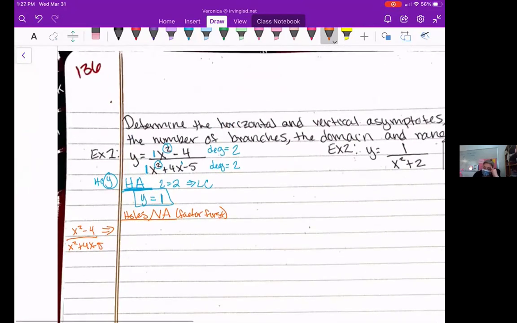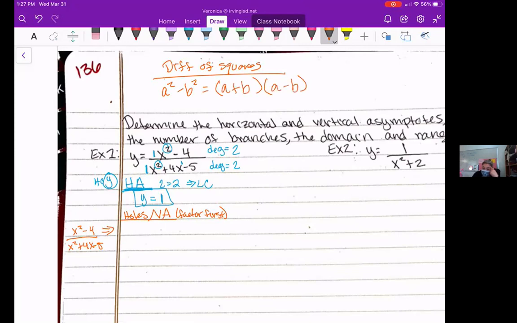And in case you forgot what difference of squares was, we did this first semester. And remember, I told y'all you need to remember how to factor, right? So a squared minus b squared, automatically you can put it in factor form as a plus b, a minus b. And the reason we can do that is because I see a minus. X and 4 are both perfect squares, right? X times x is x squared and 2 times 2 is 4. So they're perfect squares. So my numerator is going to be x plus 2, x minus 2.